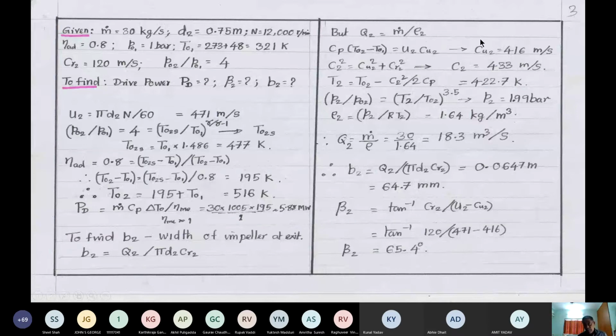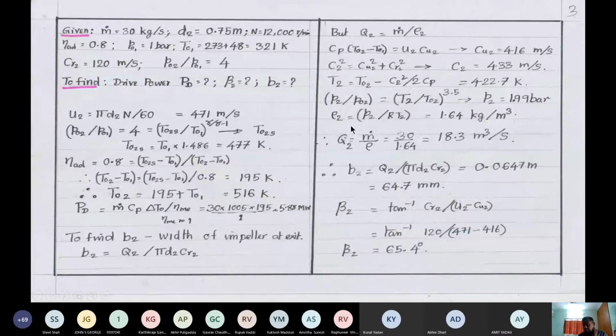That is what we are doing. Now T2 we have determined. Then to find out P2, we use the relationship P2 by P02 is equal to T2 by T02 power 3.5. 3.5 is gamma by gamma minus 1, gamma equal to 1.4.